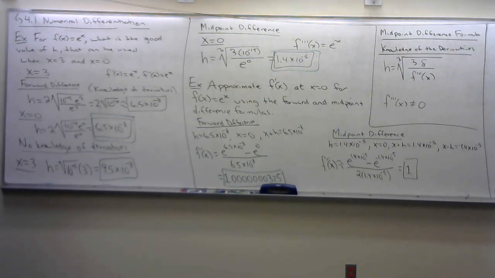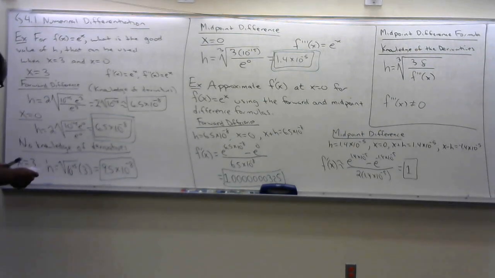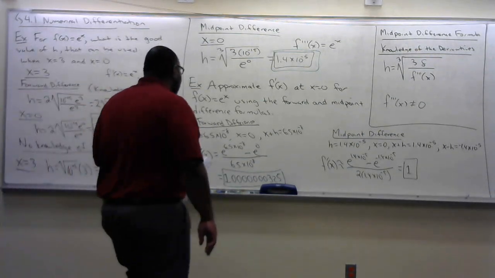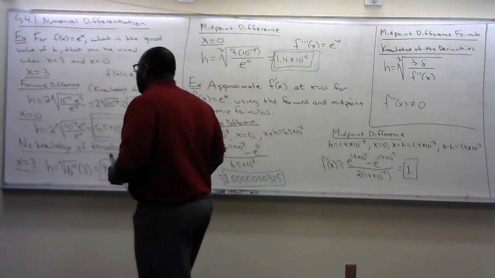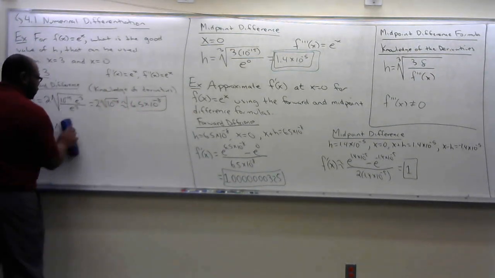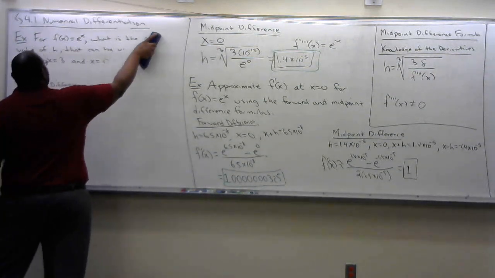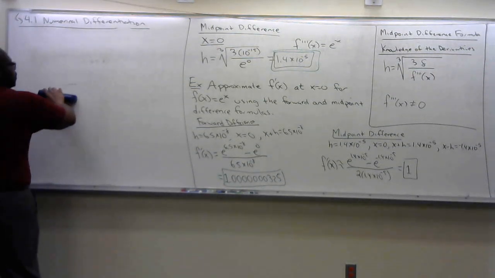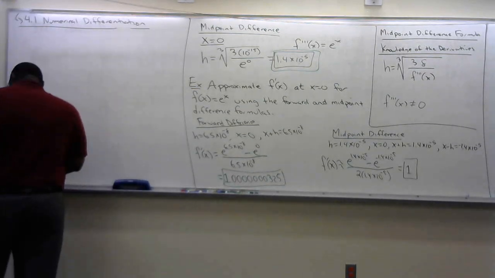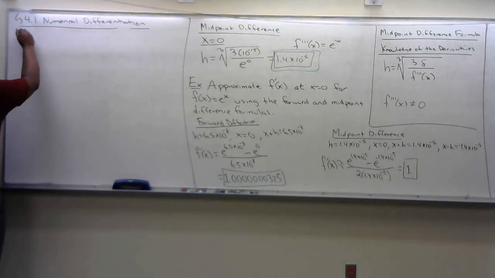Now that we've talked about a good value of h to use, let's talk about a 3-point difference formula, and then we'll talk about the second derivative. So, 3-point difference formula.